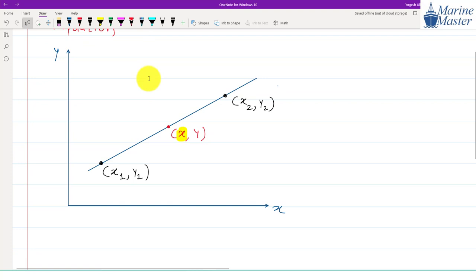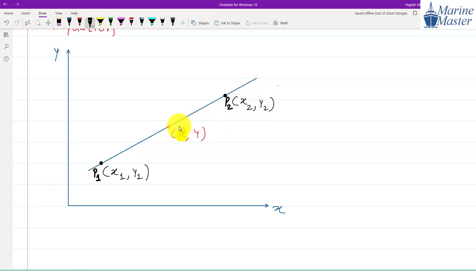See, how to deal with interpolation? Very simple. There is a line passing through 3 points, guys. First is point P1, its coordinates are X1, Y1. Second point is P2, its coordinates are X2, Y2.